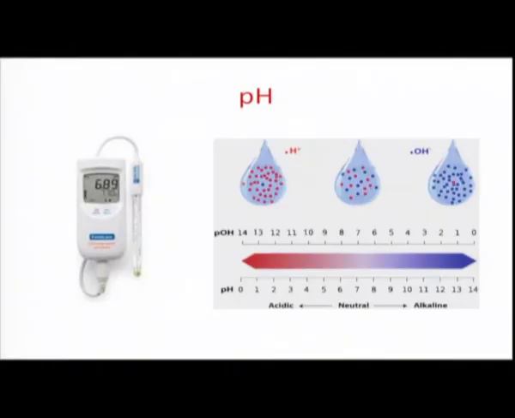Usually nephelometry techniques are more sensitive. Even 0.1 NTU can be determined with nephelometry. So, nephelometers are at least 10 times more sensitive than turbidimeters. The other parameter we routinely measure is pH.